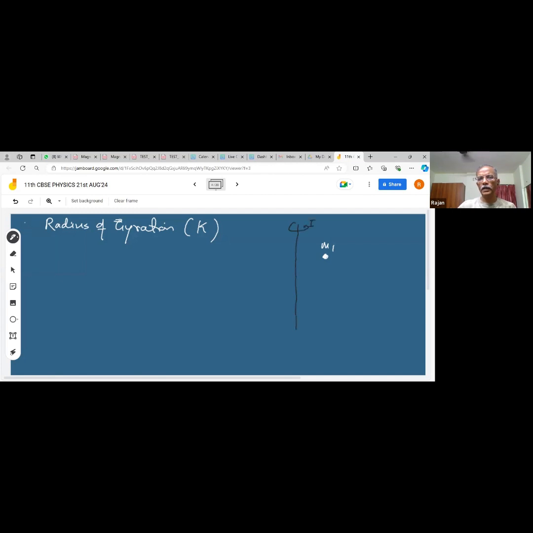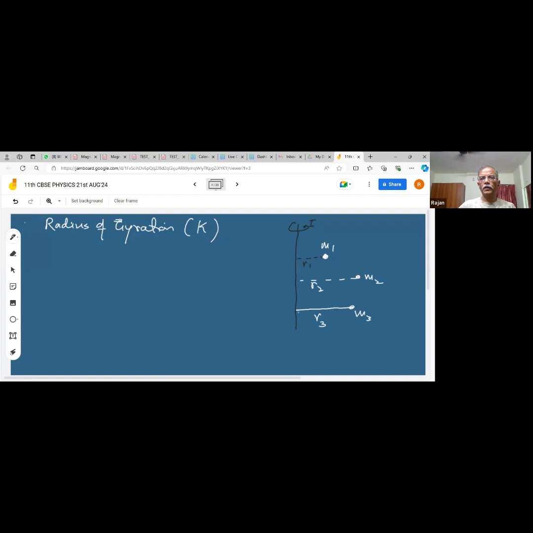I want to assess I for M1. This is R1. I'm taking another particle, M2 somewhere here, and call this my R2. We are having another one, say M3 here, and I call this R3.